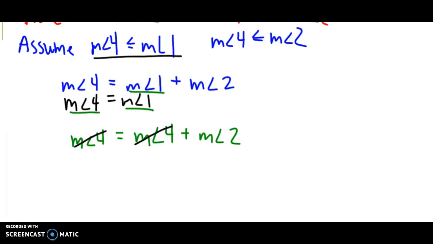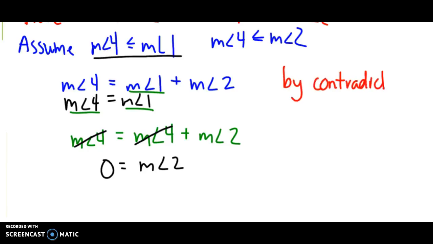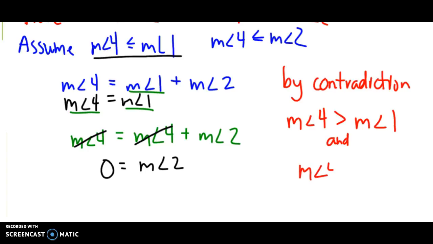By subtraction, they cancel each other out. And so you'd say 0 is equal to the measure of angle 4. Well, can you ever have a triangle with an angle of 0? The answer is no. So, by contradiction, the measure of angle 4 is greater than the measure of angle 1, and the measure of angle 4 is greater than the measure of angle 2. Box it, we are done.